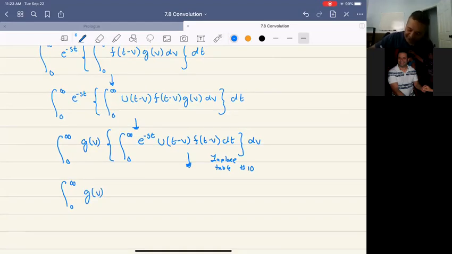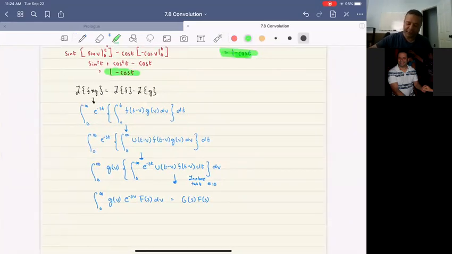This is going to give us an e to the negative sv times the Laplace transform of f. But now this F of s can pull out, and this is simply the Laplace transform of g. So that is the convolution theorem for Laplace transforms.